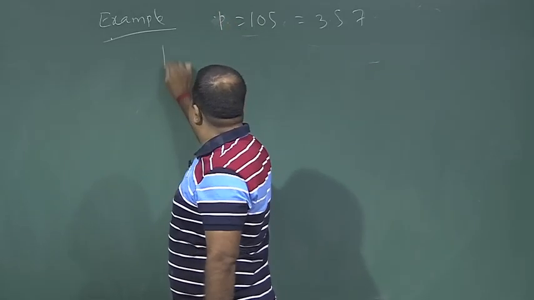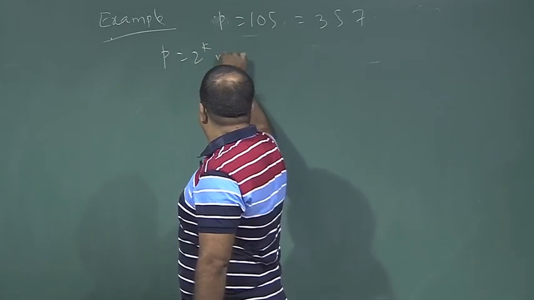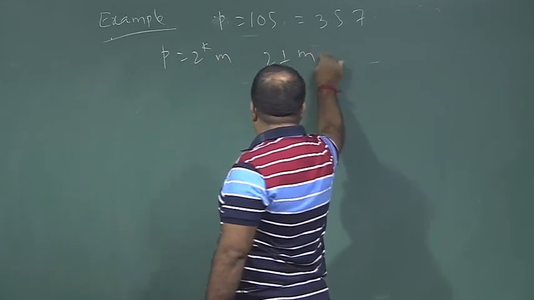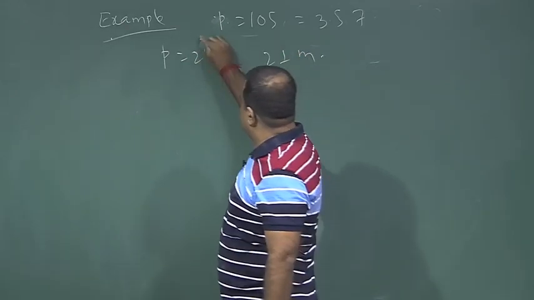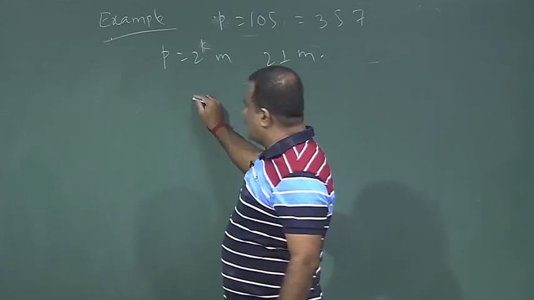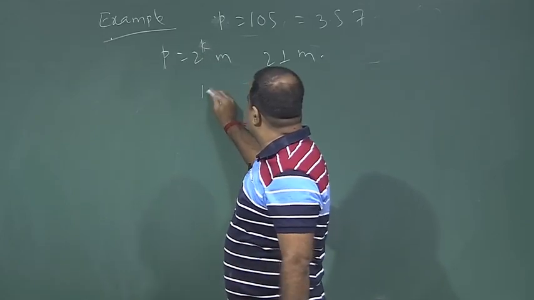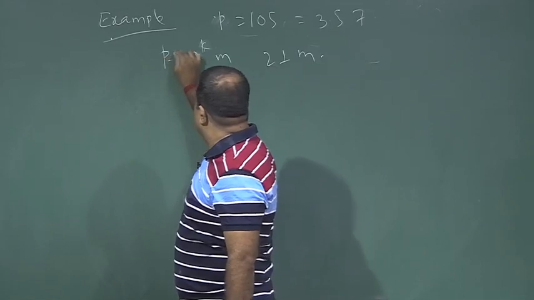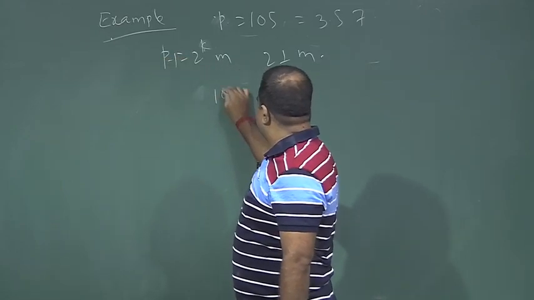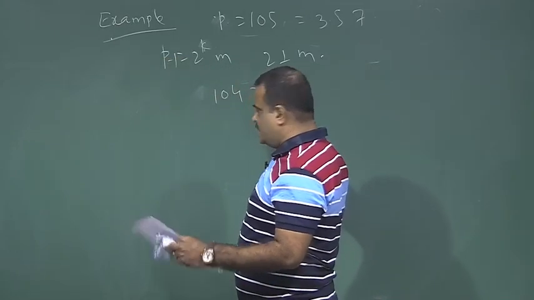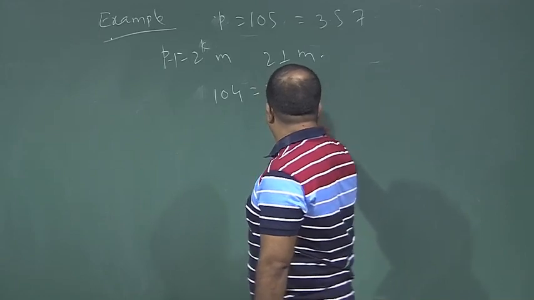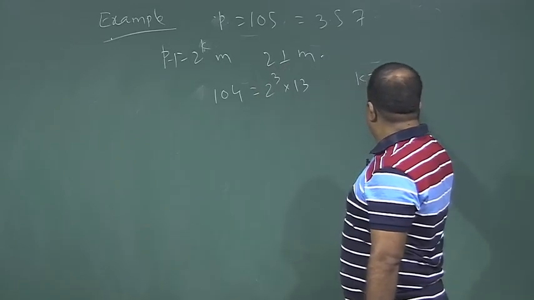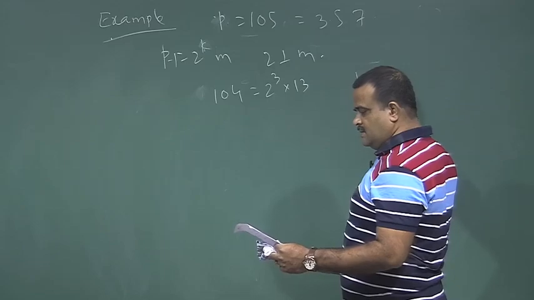Now we want to write p minus 1 as 2 to the power k into m, where m and 2 are relatively prime. So, p minus 1 is 104, which is 2 cube into 13. So, here k is 3, m is 13.